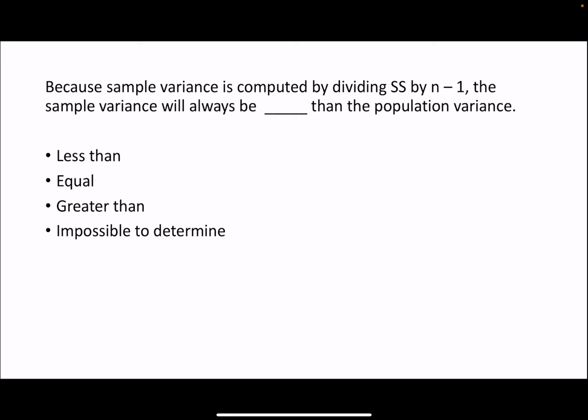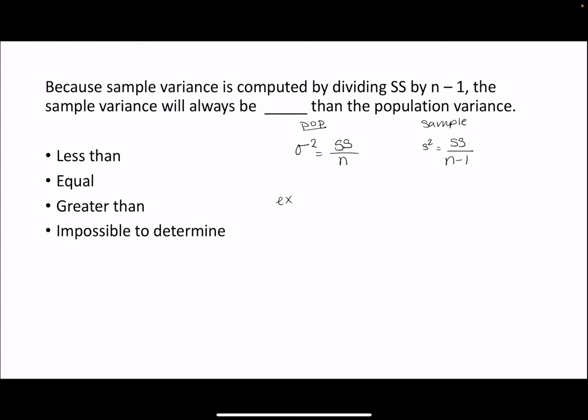So remember, for the population variance, this is our sum of squares divided by n. My bad, that's the population. And for the sample, our variance is computed with the sum of squares divided by n minus 1.